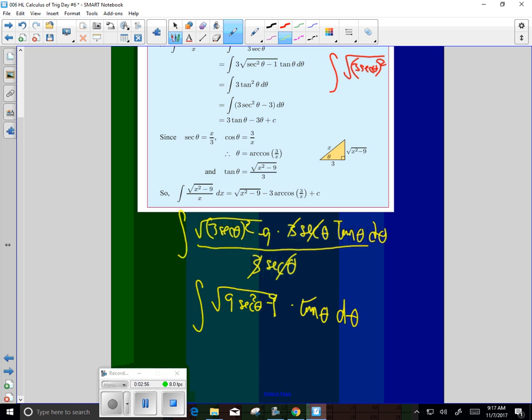And what can I factor out of here? Square root of 9, which is 3. I'm going to put it way out in front here: square root of secant squared theta minus 1.